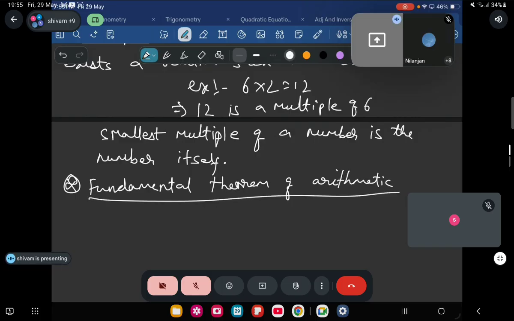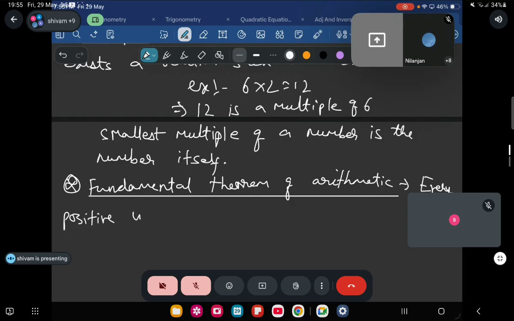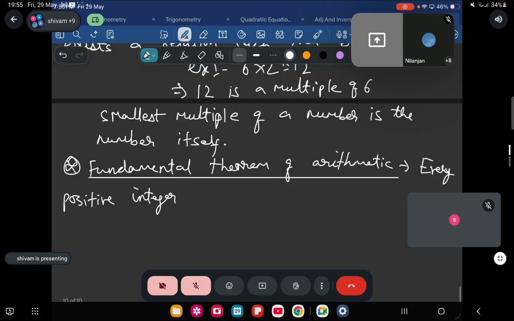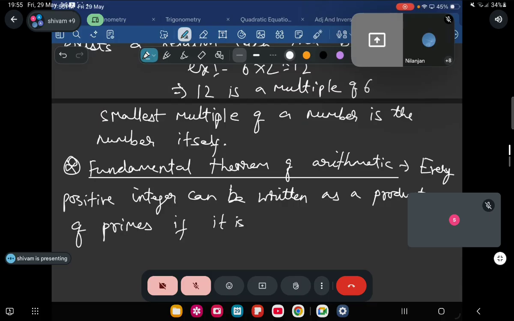Every natural number, or you can say every positive integer, can be written as a product of primes if it is composite. So if a number is composite, it can be written as a product of primes, right?